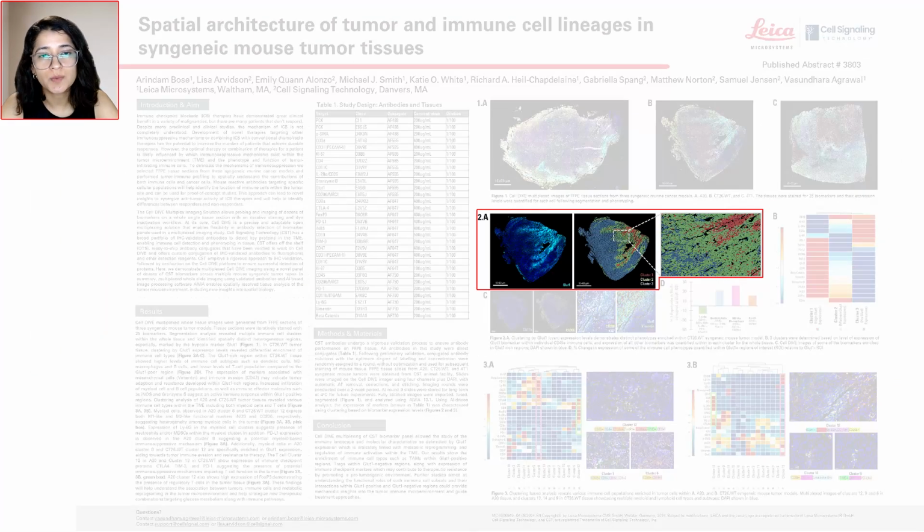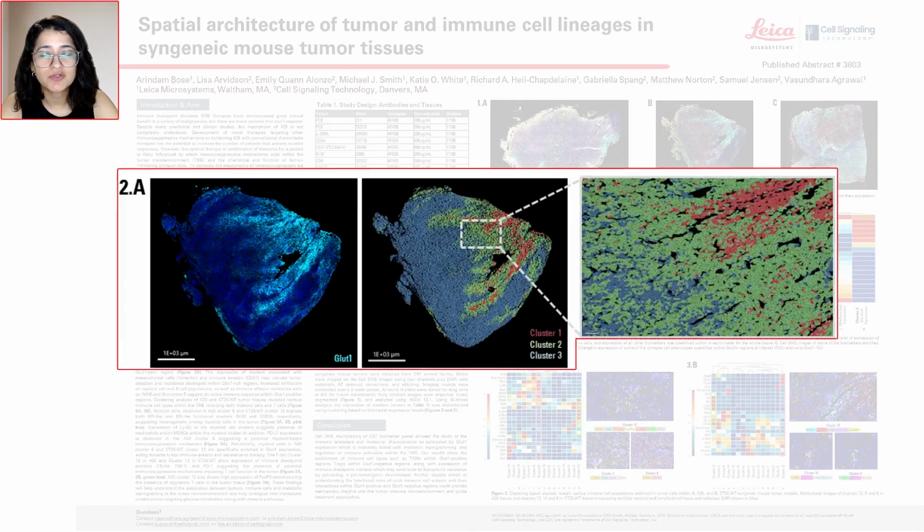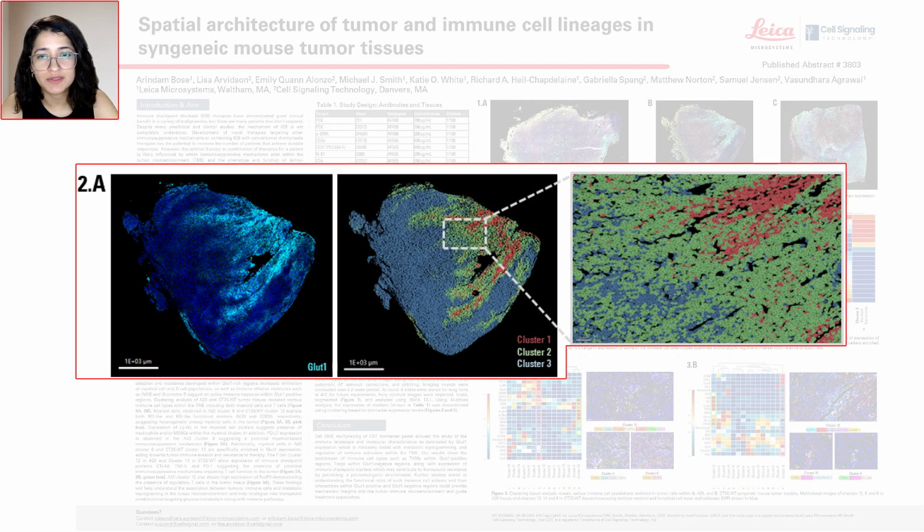Walking through Figure 2, in Panel A, we demonstrate clustering by expression levels of tumor hypoxia marker GLUT1, to show distinct immune cell types enriched within the CT26 WT syngeneic mouse tumor model.